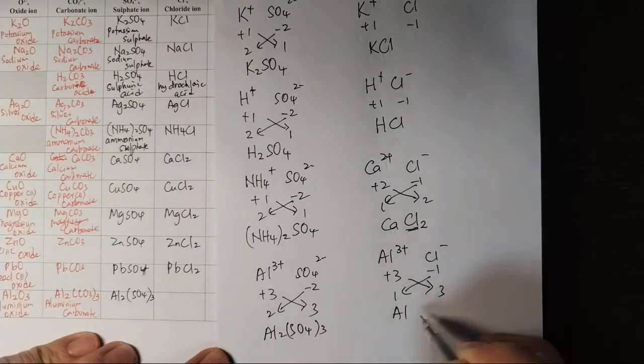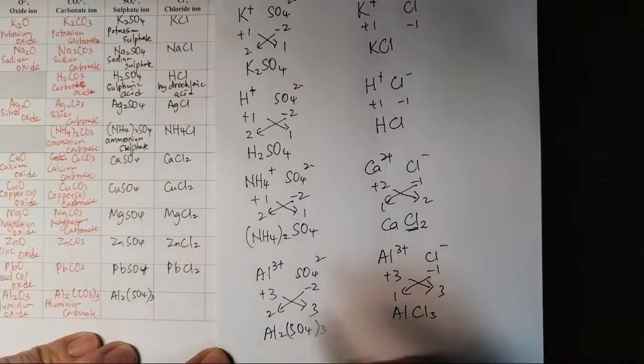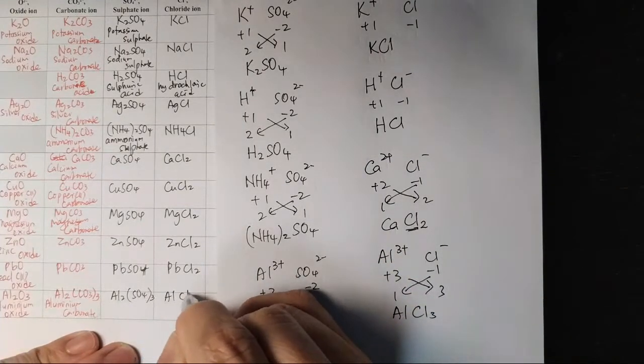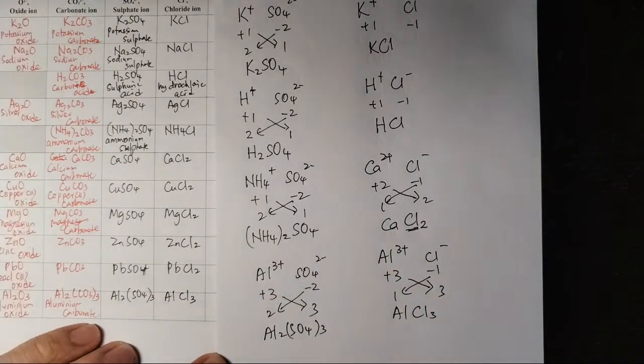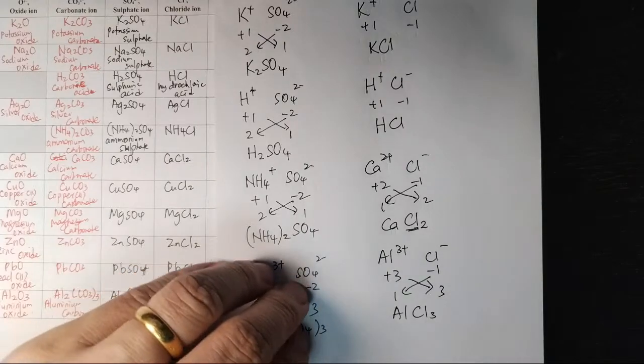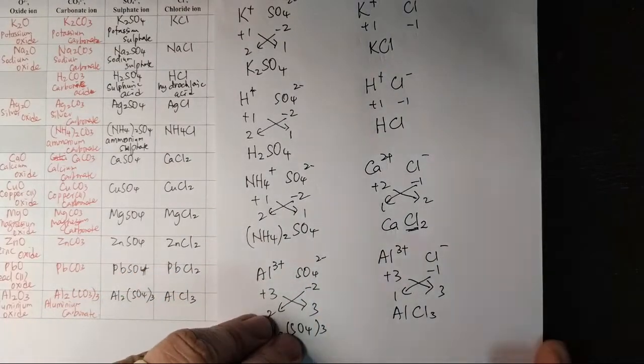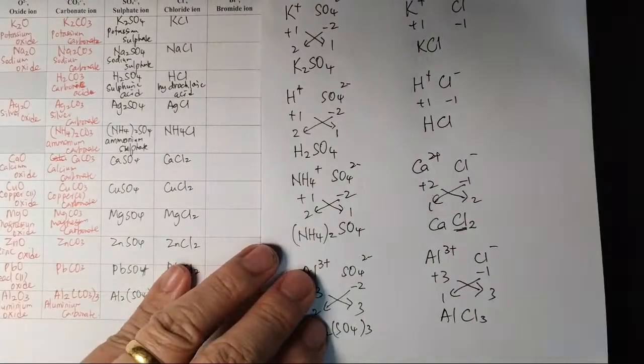So it's AlCl3, aluminium chloride. Okay, class so far? Can follow? Okay, next.